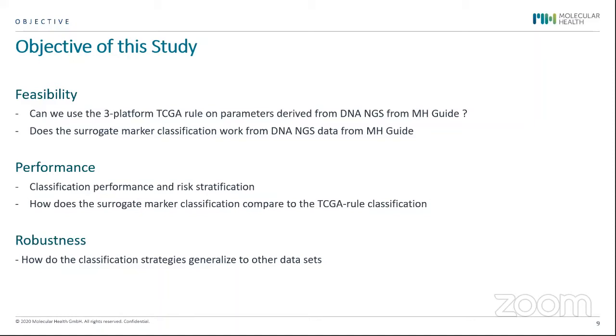How do they perform with respect to classification performance and risk stratification? How do they compare? And how robust are these two classification methods with respect to generalization to other data sets? So we evaluate this on TCGA data, but also on an independent data set.